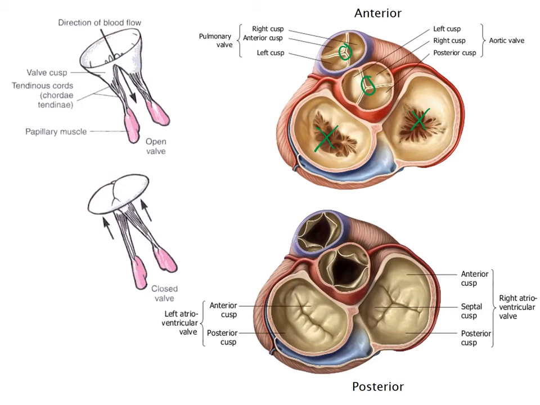As was previously described, the tricuspid valve has three cusps: an anterior cusp, a septal cusp, and a posterior cusp. The bicuspid valve has only two cusps, an anterior and posterior. Each of these semilunar valves is associated with three cusps. This is the pulmonary semilunar valve.